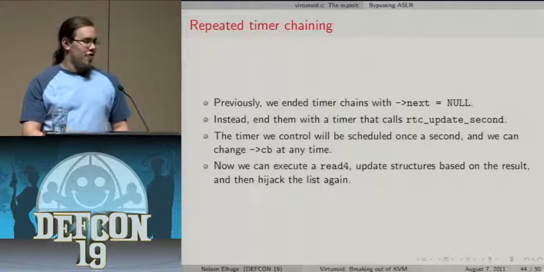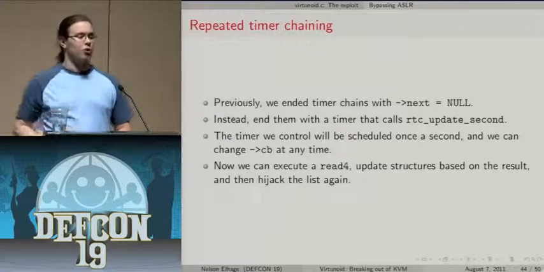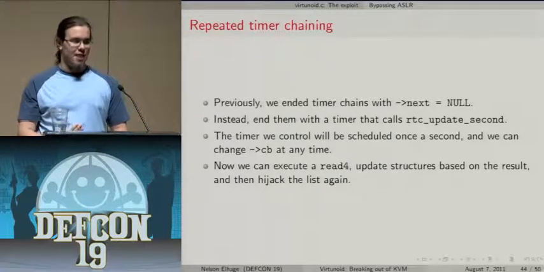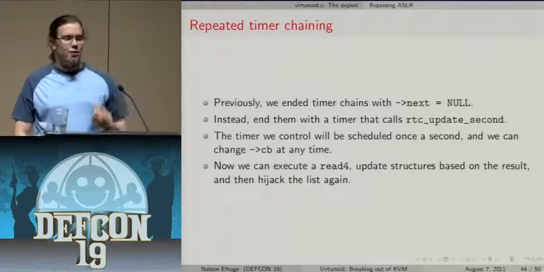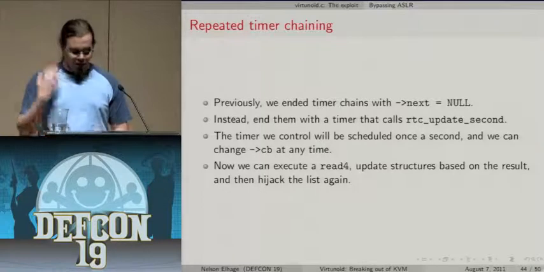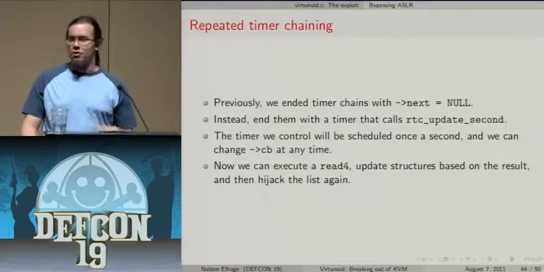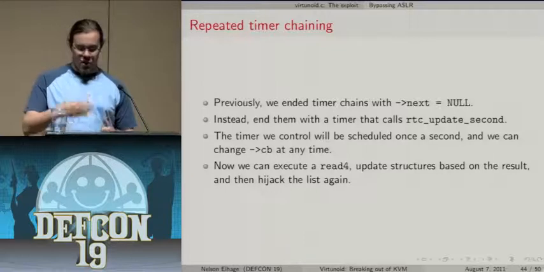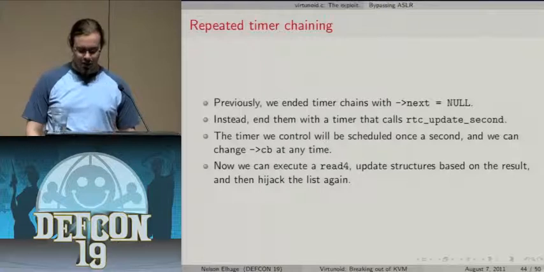So we execute this chain, we do the read 4, and then 1 second from now, a timer that we control will again get executed. But until then, the host returns to the guest context. The guest can do arithmetic, do computation, glue bits together based on that read, and then 1 second later, we'll jump back into another set of gadgets. And so we use this to chain multiple timer chains, one after another, with guest execution in between.